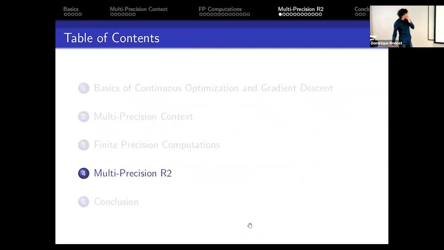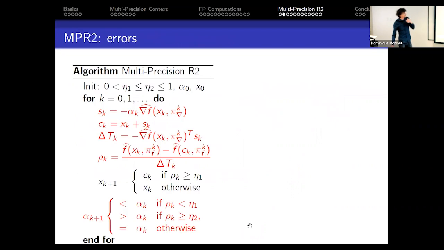Okay, so now let's get back to our algorithm in the context of finite precision computations. So after what I presented, if you look back at our algorithm, basically every time I compute something, you're going to have rounding errors occurring, and whatever is in red here is some errors to be taken into account. So it looks pretty bad here.